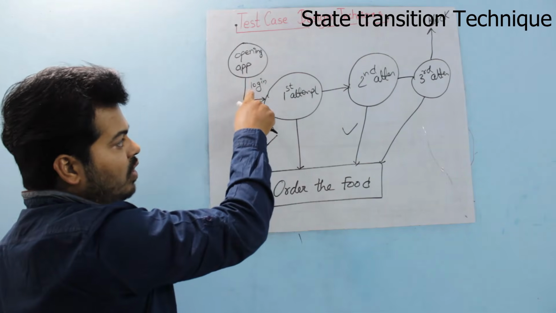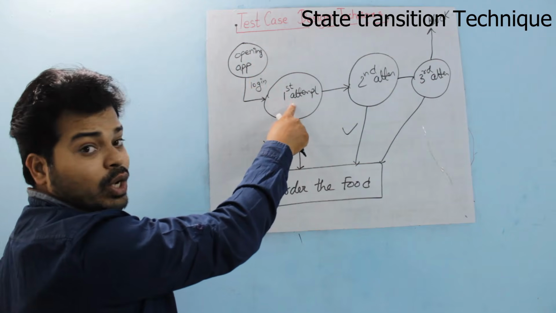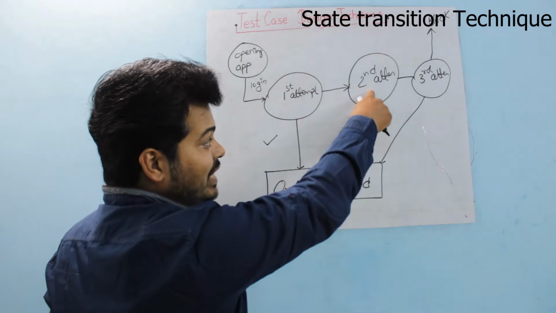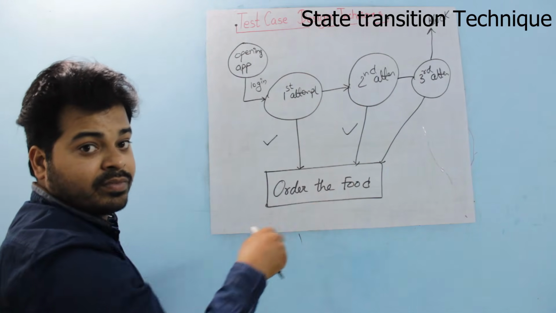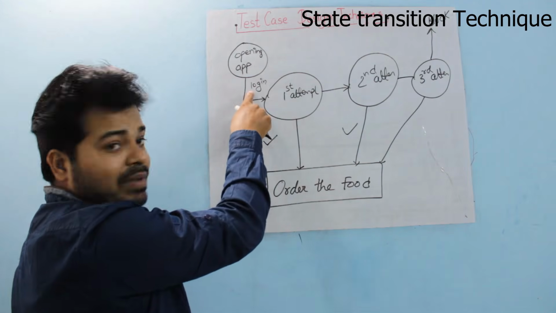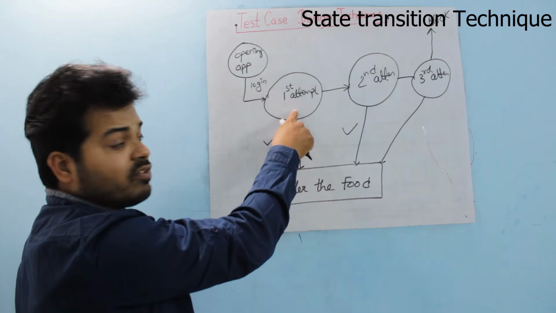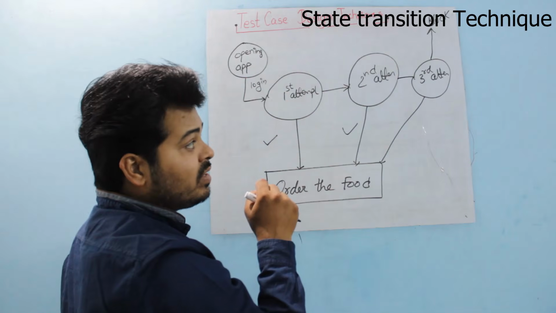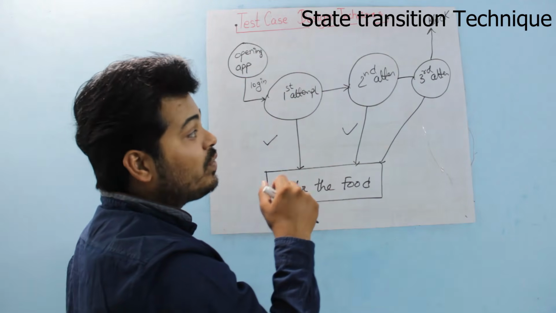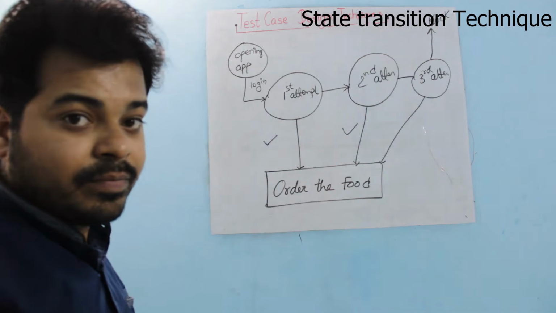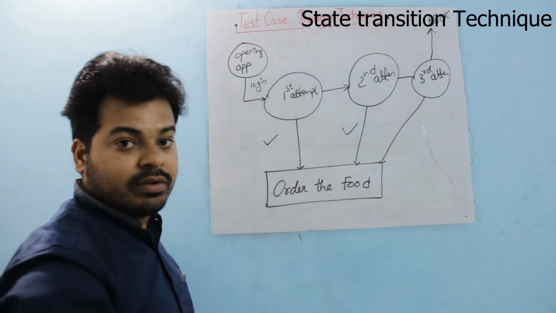Opening the app, login to the application, enter wrong password for the first attempt, enter correct password for the second attempt, order the food. Your fourth state will be opening the app, login to the application, enter wrong password for the first time, enter wrong password for the second time, and then enter the password correctly for the third attempt and order the food.